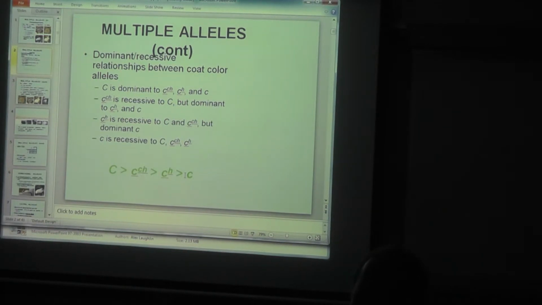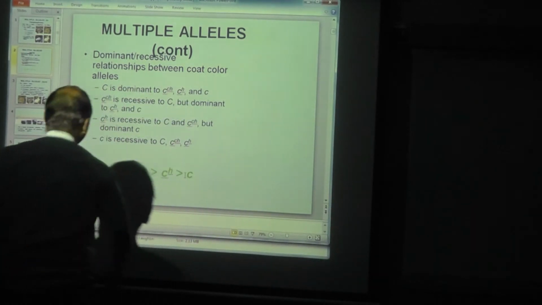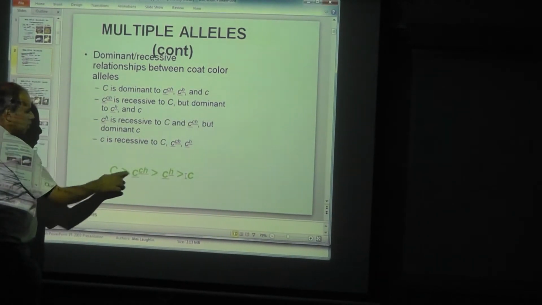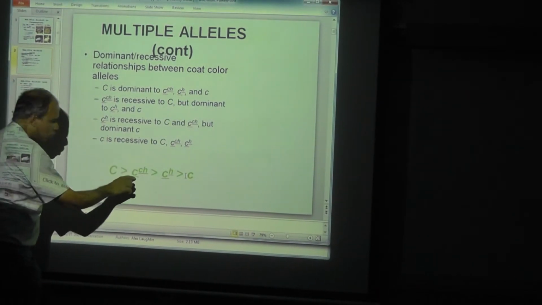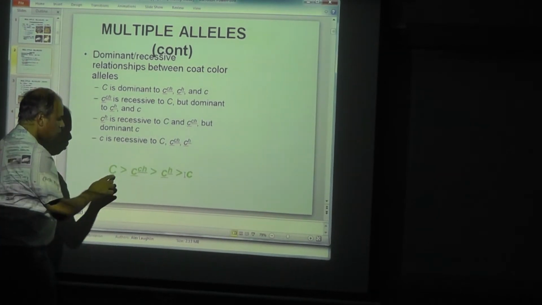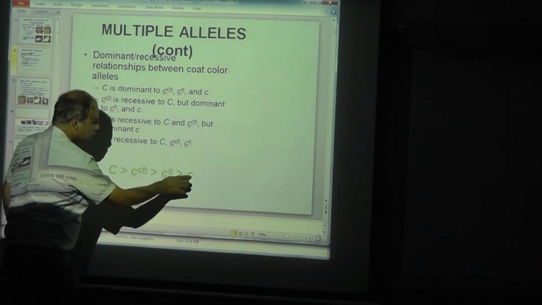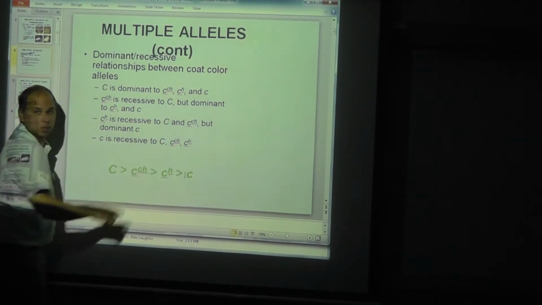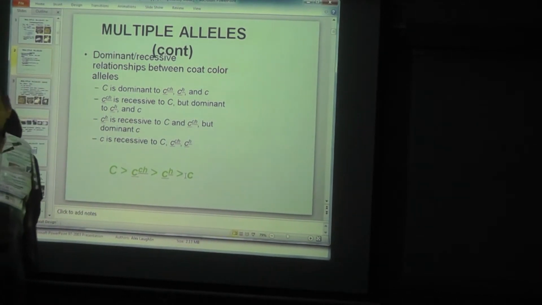In any individual, TT, you have to write 2, right? So if you have this and this, then this will dominate over this. But if you have this and this, then this will dominate over this. Now, if you have this and this, then this will dominate over this. Right? Right.